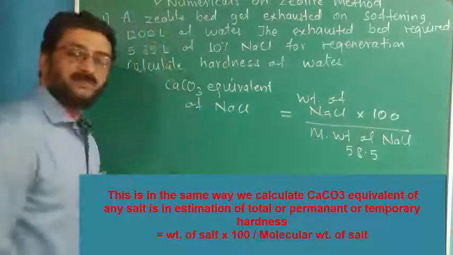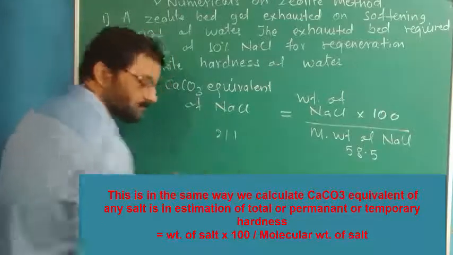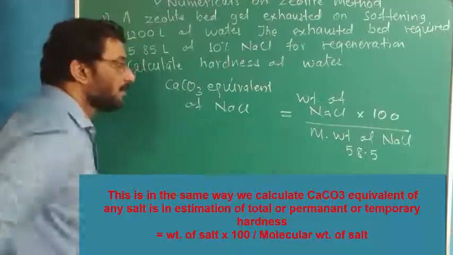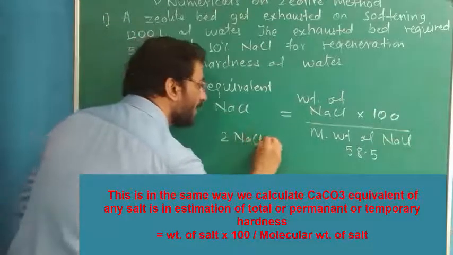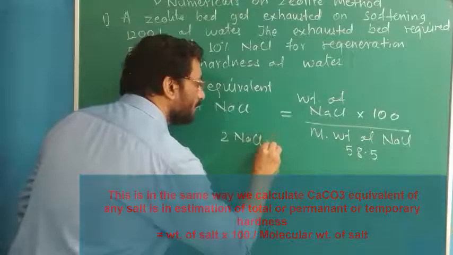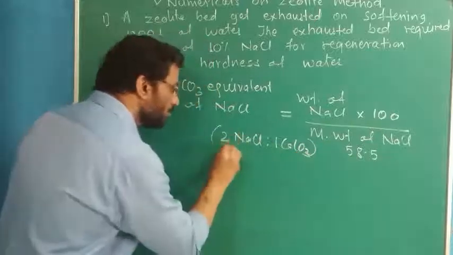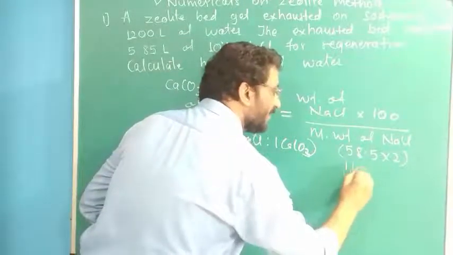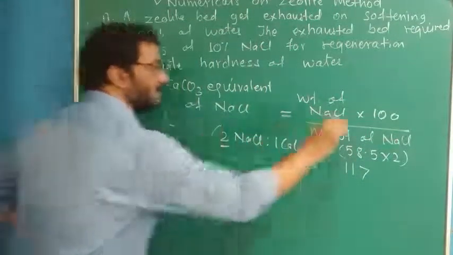But are we going to take 58.5? No, because 2 NaCl are required to remove 1 CaCO3 hardness, so we take 2 times that, which is 117. This multiplication factor is required.